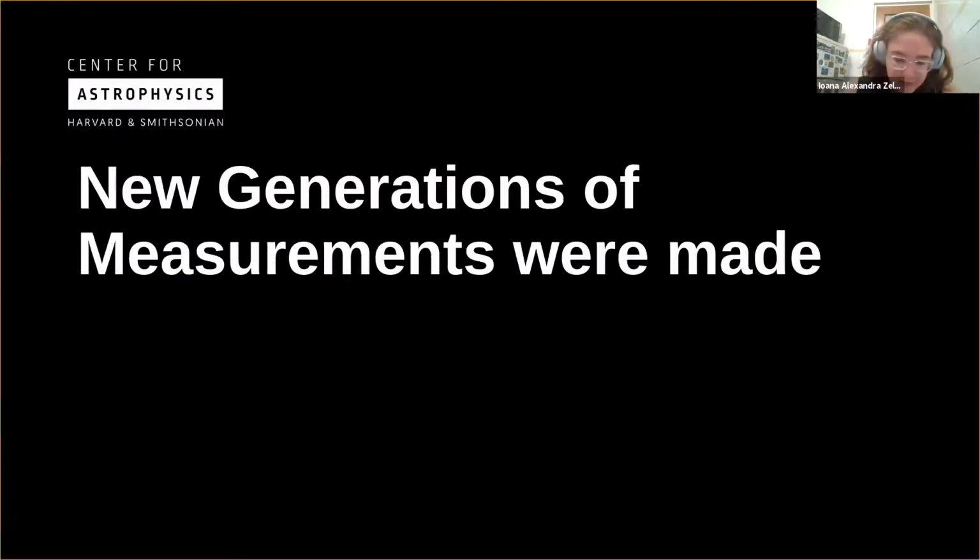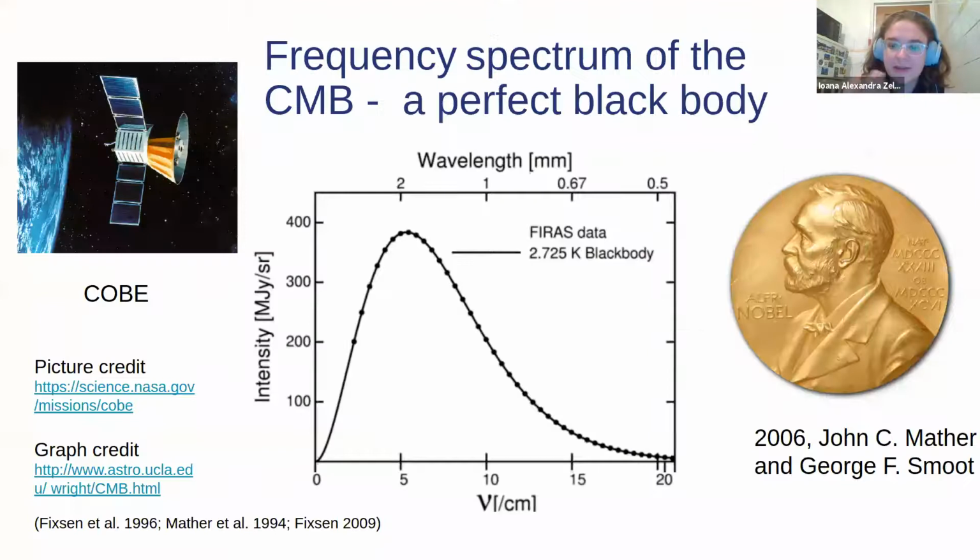After their measurements in 1965, new generations of measurements were made in order to characterize the cosmic microwave background better and better. And it was the COBE satellite that mapped the spectral distribution of the radiation coming from the cosmic microwave background.